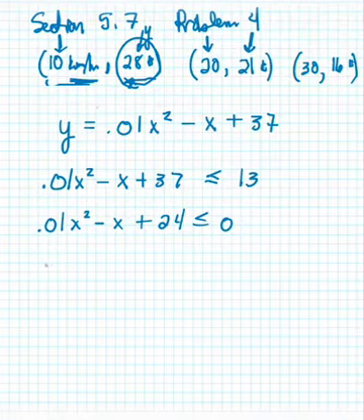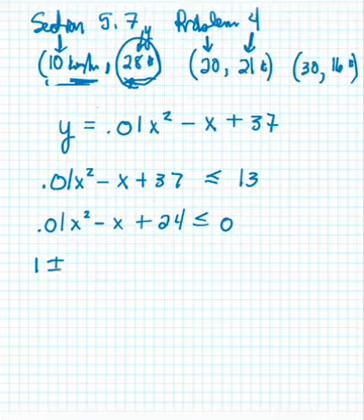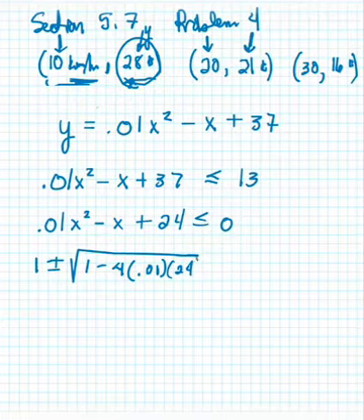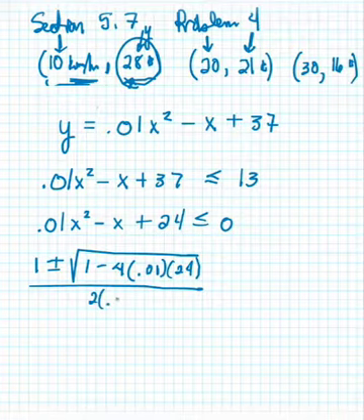Remember, b is -1, so it's going to be 1 plus or minus radical b squared, which is 1, minus 4 times a times c, over 2a, 2 times 0.01. I recommend you do your numerator first and then divide it by the denominator.